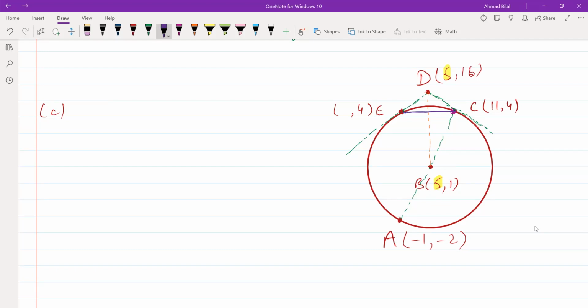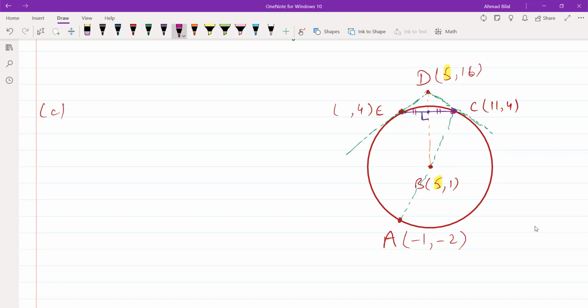EC. If a line comes from B to this chord and it cuts at the midpoint, this is the horizontal line. Since the angle is going to be 90 degrees, this is going to be a vertical line. And the chord is going to be divided into two equal parts like this.